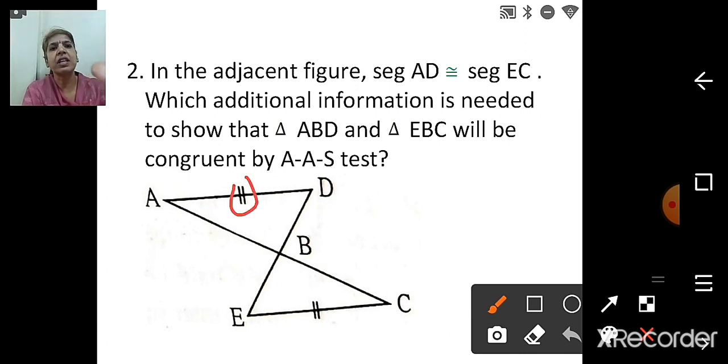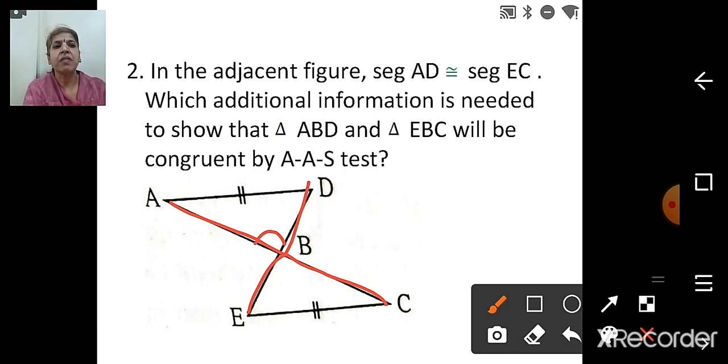The side is already given. So now comes two angles. Again observe properly. From the given information you will find that angle ABD, this angle, and angle CBE, they are vertically opposite angles. It means this is the hidden information given.